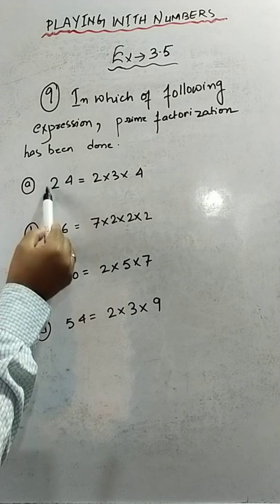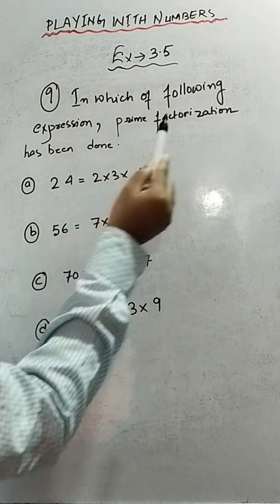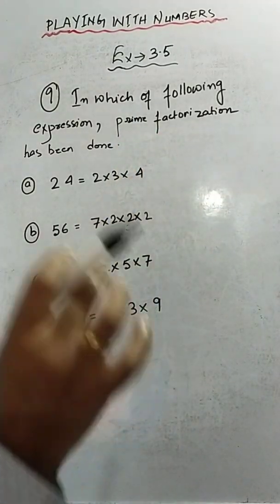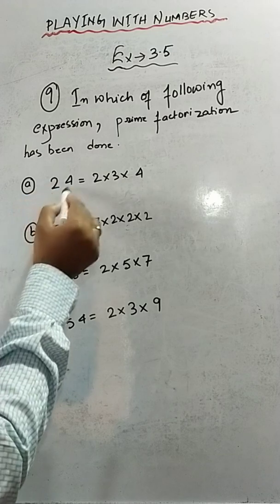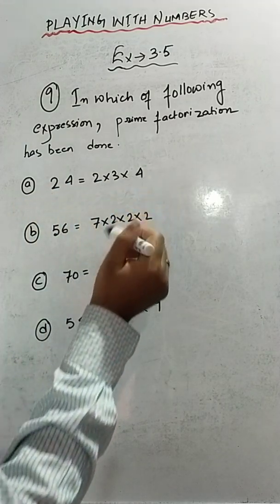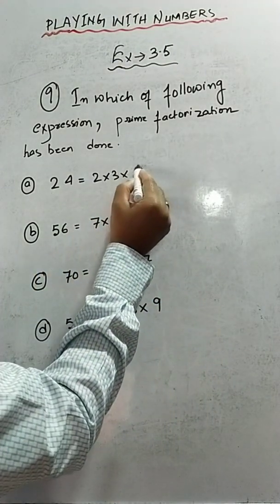So see, 24 has been expressed in the form of 2 into 3 into 4. So we know that in prime factorization all the numbers should be what? Prime numbers. But 24, you see, these two numbers are prime, but 4 is not a prime number, it is a composite number. So in prime factorization method we never use composite numbers.